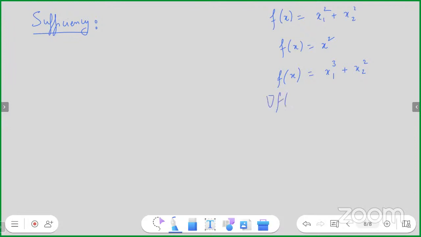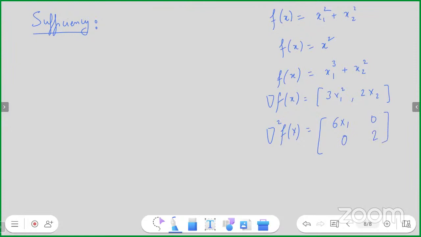What's the gradient of f(x)? What's the second derivative, the Hessian? This is 0. This is 0.